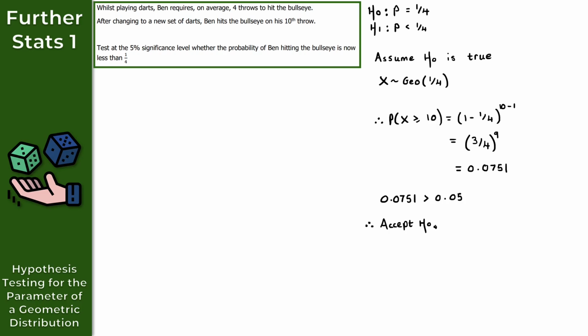Now given that we do have context to the original question, what we need to do is give a conclusion in context. So I'm going to say that there is no reason to conclude that the probability of Ben hitting the bullseye is now less than 1/4.